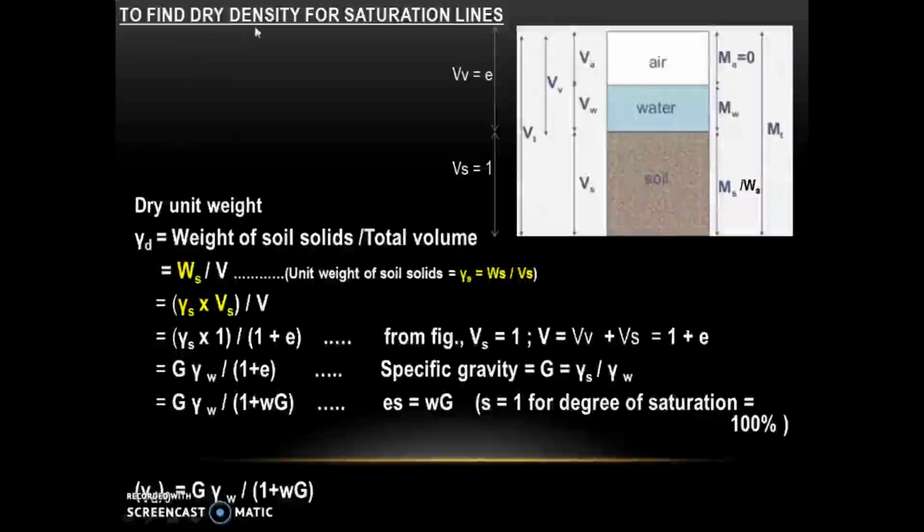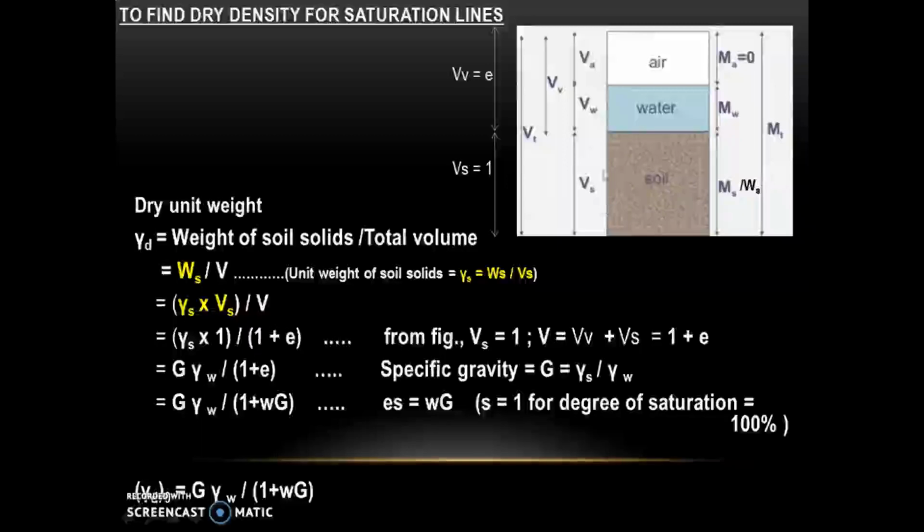Now we will check out how to find dry density for saturation lines. Here we can see soil as a three-phase system. This is soil, water and air. Mass of soil is represented by Ms and weight as Ws.